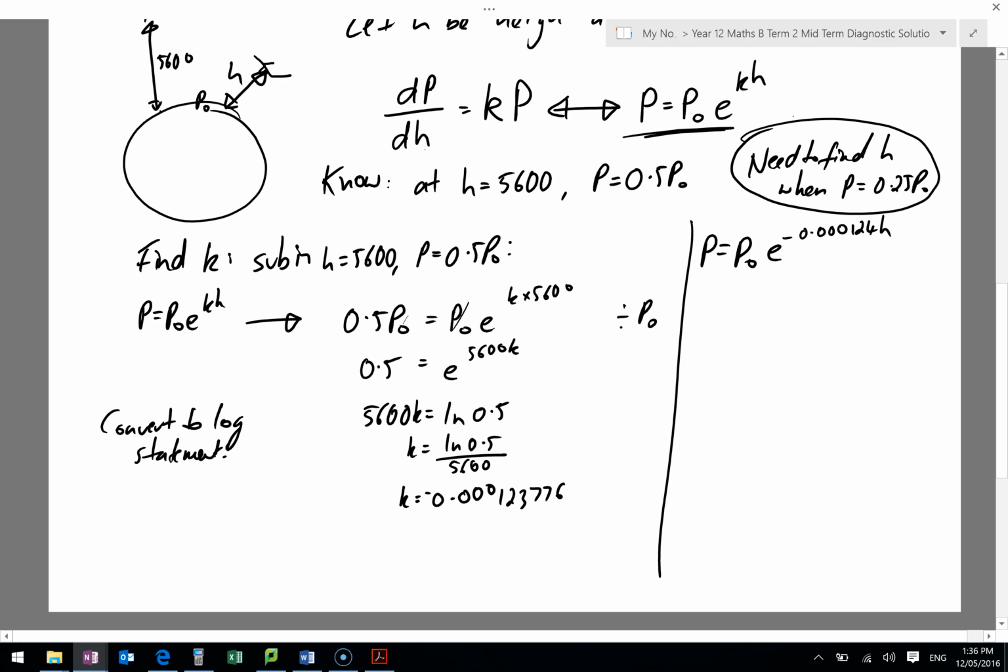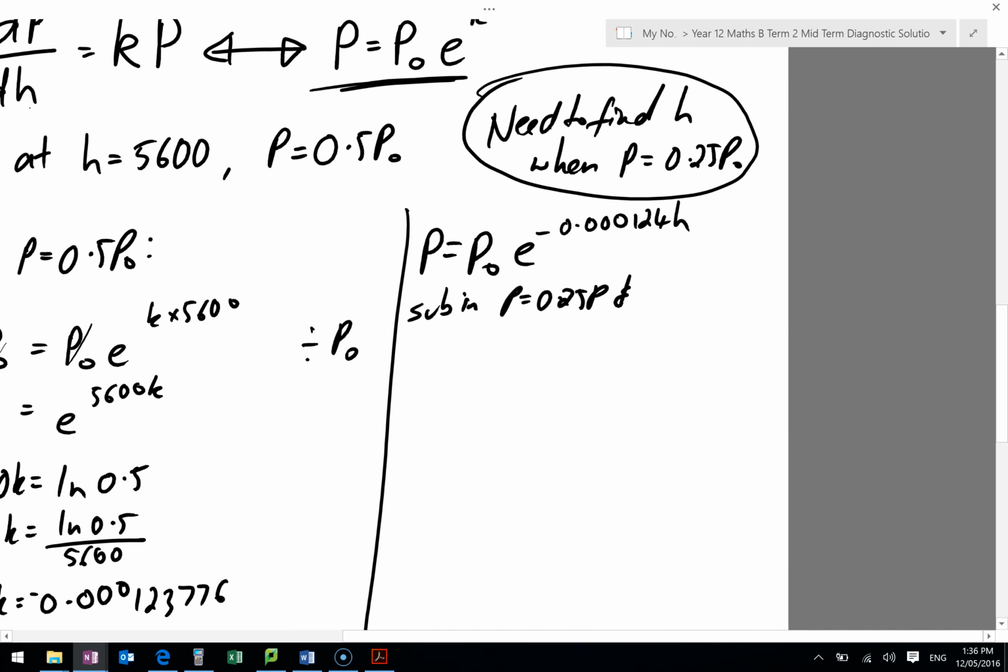Find the H when P equals a quarter of P0, so I'll sub those in. So I'll sub in P equals a quarter P naught, and solve for H.